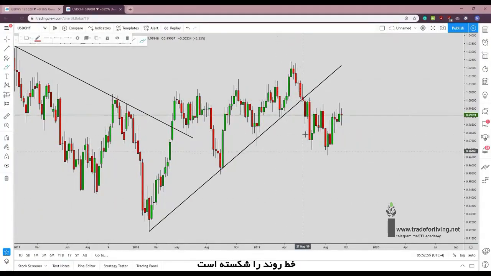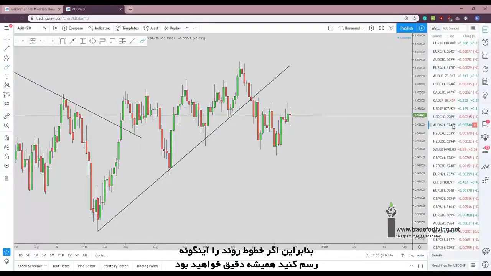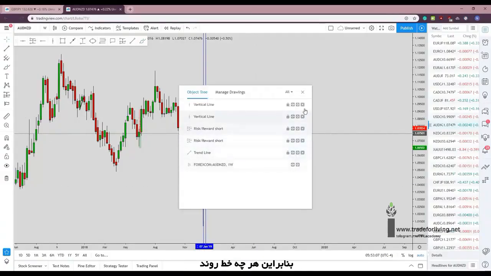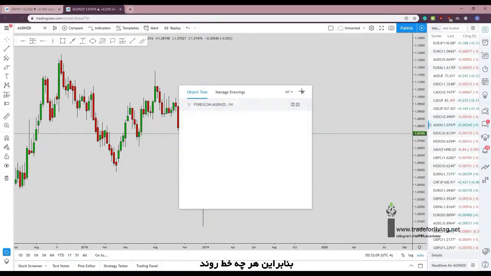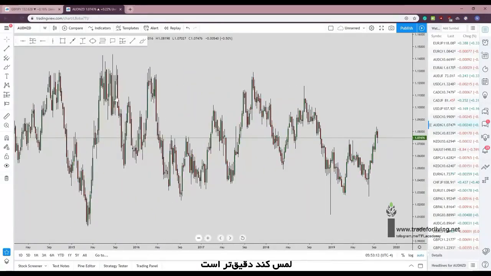And when this candle broke the trend line, at that point the push to the downside started. So you will always be more accurate if you take trend lines in this way, touching as many candles as possible without cutting the bodies.